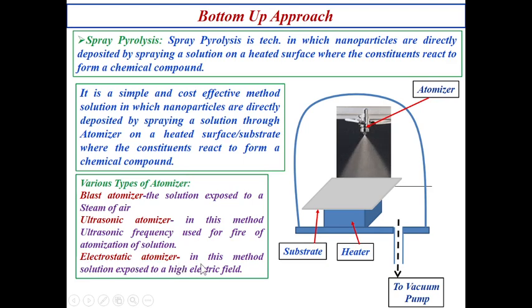Electrostatic atomizer: in this method the solution is exposed to a high electric field. Suppose we connect the substrate to a potential, or place the substrate in a potential difference, then the solution we flux on the substrate will be exposed to a high electric field.